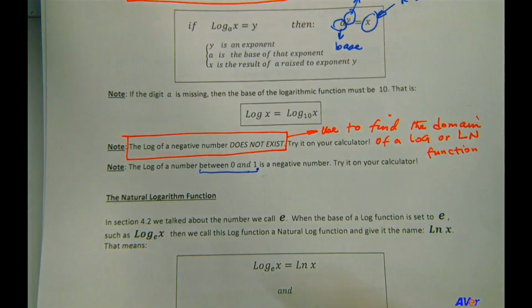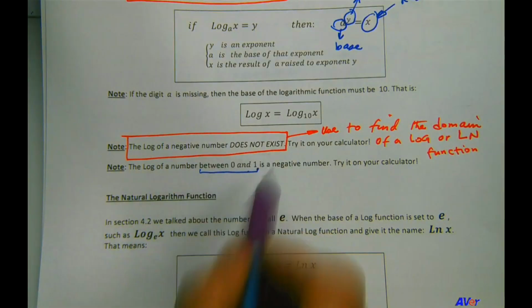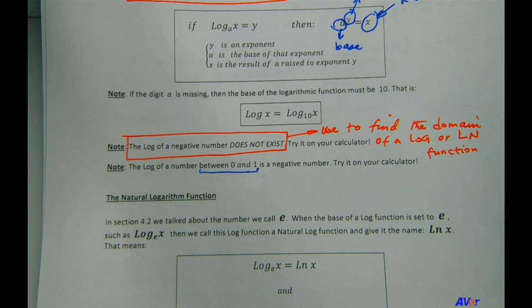Okay? The log of a negative number does not exist. It's as if I say the denominator of a fraction cannot be 0. Remember that? How many times did we use that understanding to find the domain of a rational expression? The fact that the denominator cannot be equal to 0, right?